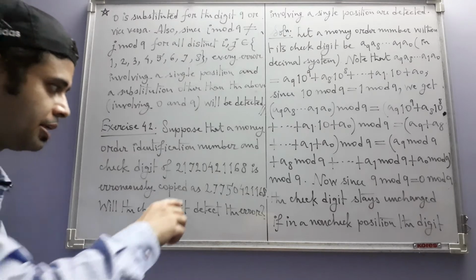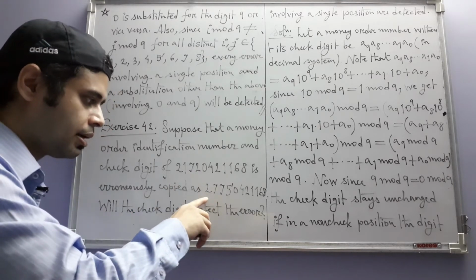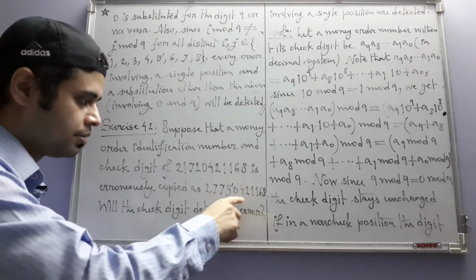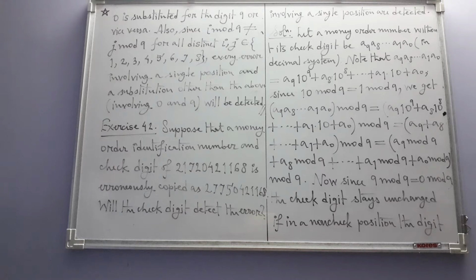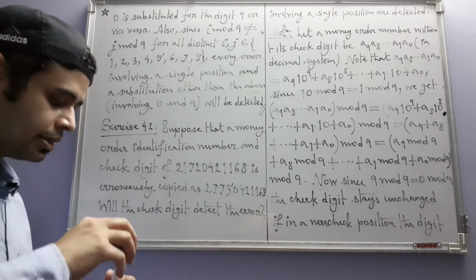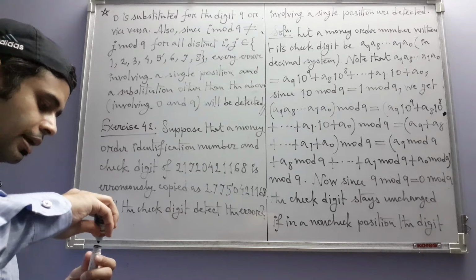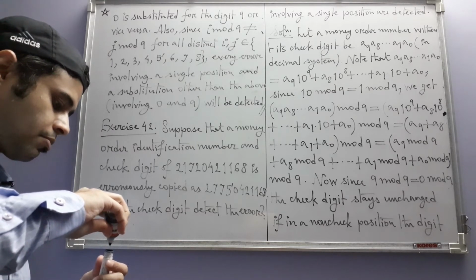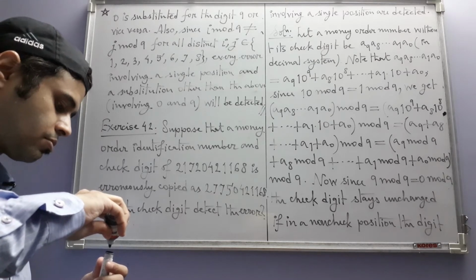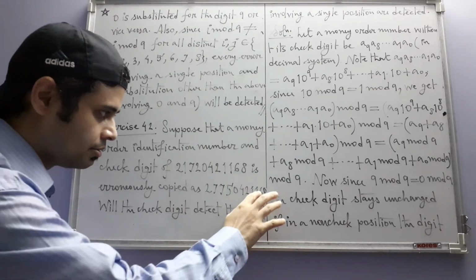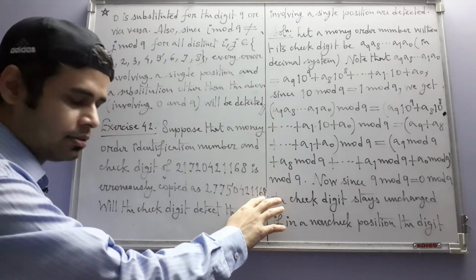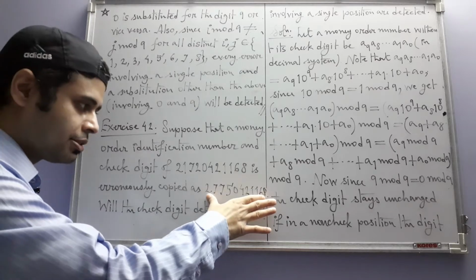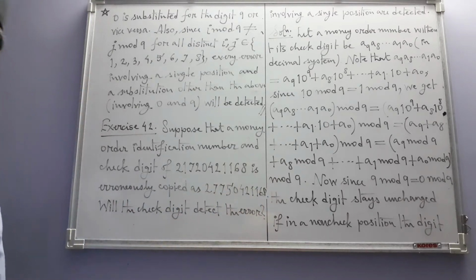Now someone has made a mistake in copying the number and they have written this. The check digit continues to be the same, but now we are being asked whether the check digit will detect the error. In other words, for this new number, obtained by removing this 8, we get a new number, whether that also leaves the remainder 8 when divided by 9.